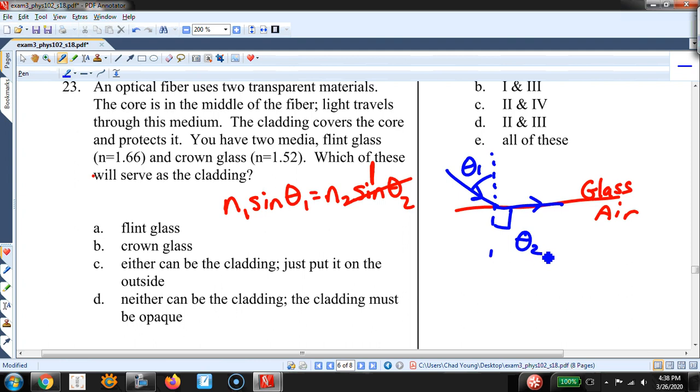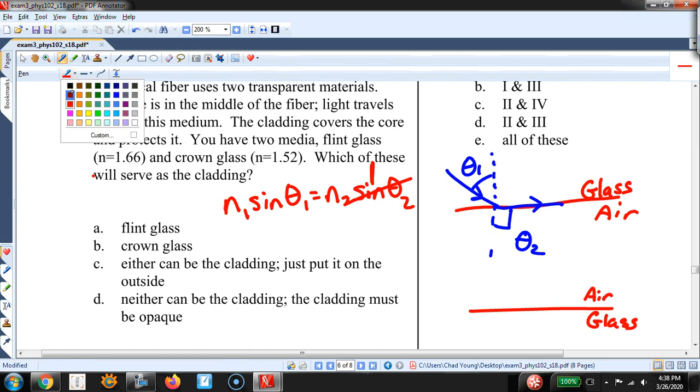Let me show you here that if I have a situation where I'm going not from glass to air, but from air to glass, think about it: does this light ray bend towards or away from the normal? If I have a light ray that comes in here going from air to glass, does it bend towards or away from the normal? Now in the previous scenario, it bent away from the normal.